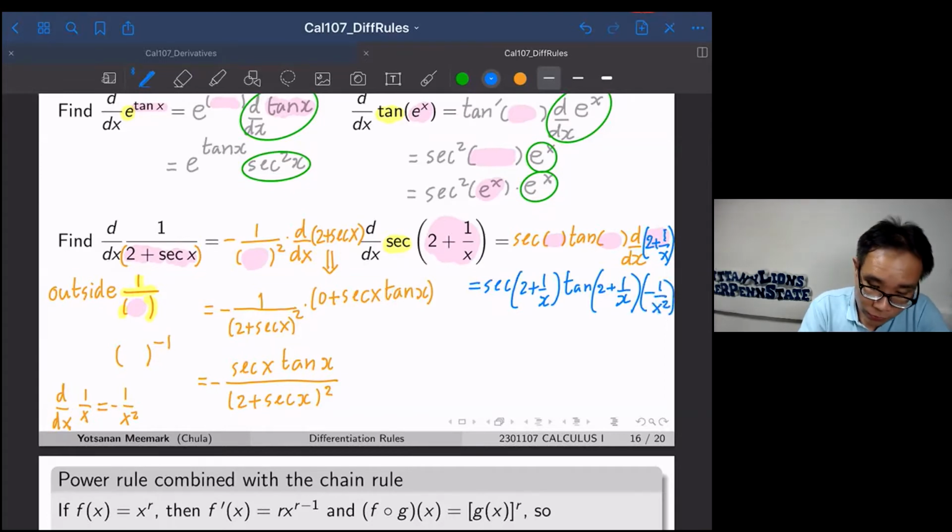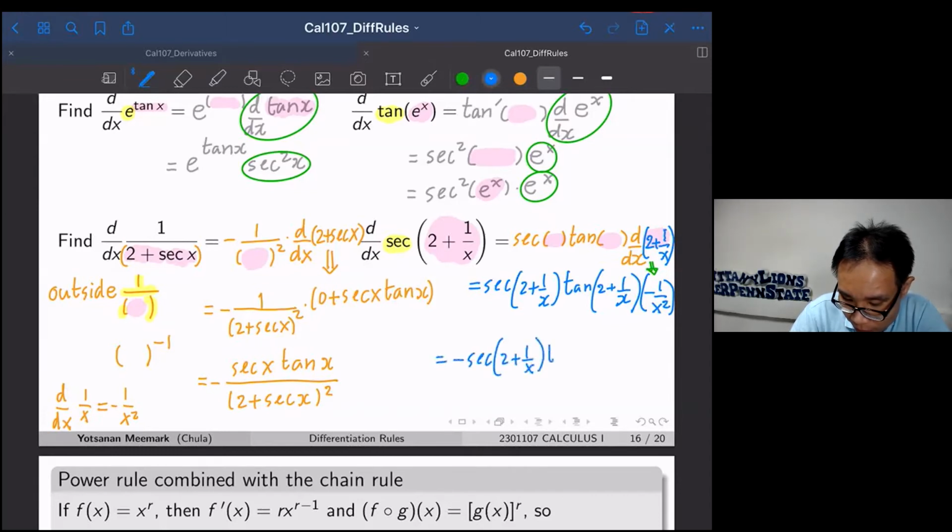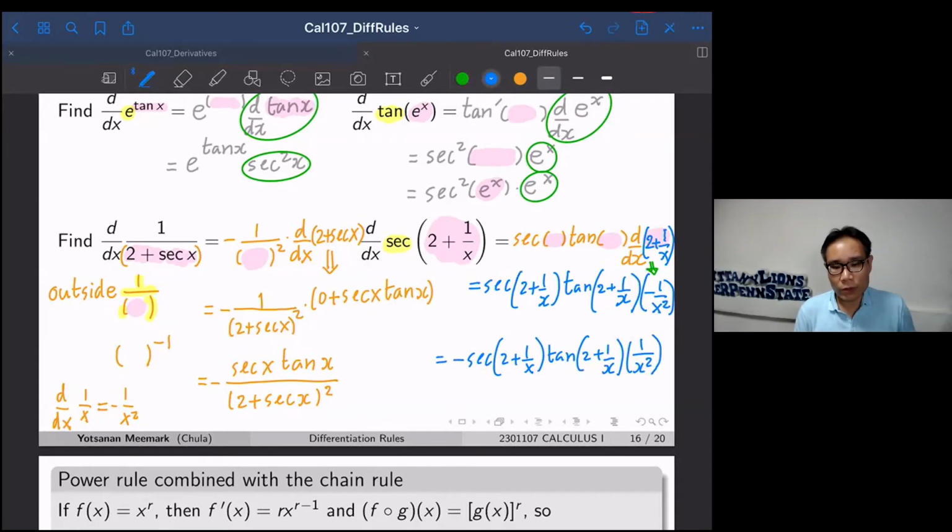So for this one, you differentiate 2, you get 0. You differentiate 1 over x, you get negative 1 over x squared. And this will be your final answer. You may write this one nicer: negative of sec of 2 plus 1 over x, tan of 2 plus 1 over x, and you have 1 over x squared. So this one is the derivative of sec of 2 plus 1 over x.